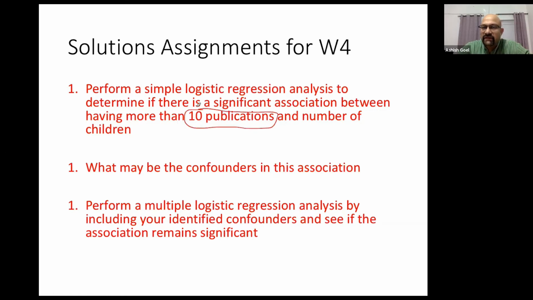There was no straightforward variable in the data set. What you needed to do was create another variable which had 0 for anyone who had less than 10 publications and 1 for anyone who had more than or equal to 10 publications, and just do a logistic regression analysis using the command logistic with the more than 10 publications variable and the number of children variable.